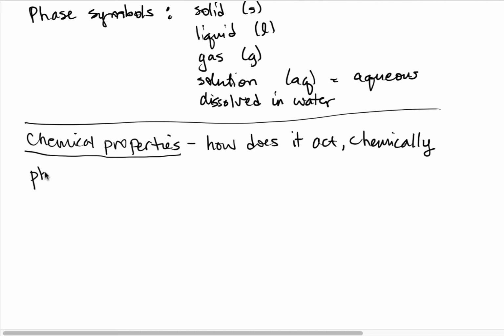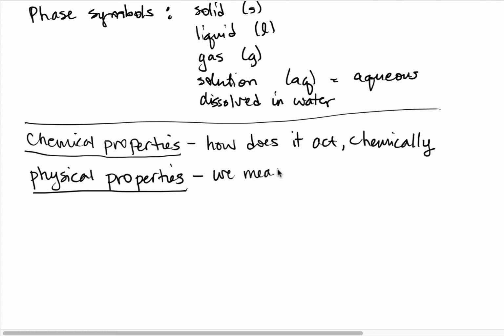When we're talking about physical properties, these are usually things that we measure. So these kinds of properties would be things like the temperature or the pressure of the system, how much it weighs, all kinds of different things.